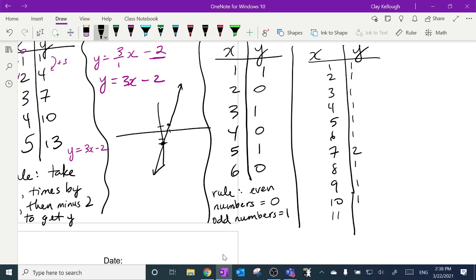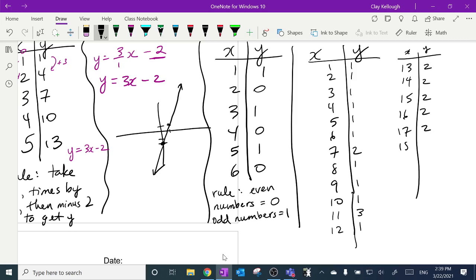I think this would be, hang on, 3, 1. Okay, my chart's got to keep going. So 13's back to 2. What? Nope. Nope. Nope. Doesn't work.